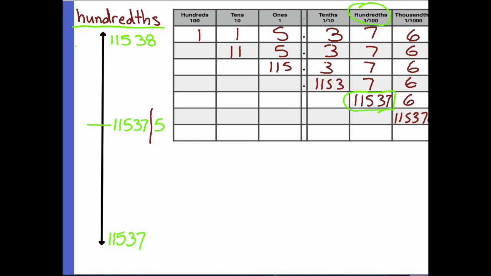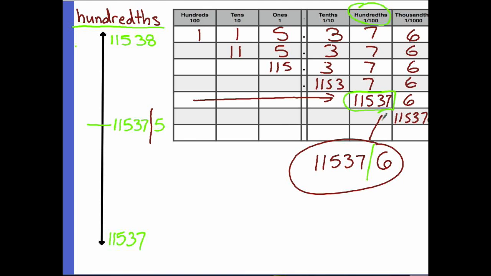So if I were to look at this whole line where my hundredths place ends, I would see that I have 11,537 hundredths and 6 thousandths. Would that go above or below that number? Yes, it would go above just slightly. Why would it go above? Because the 6 in the thousandths is bigger than the 5 in the thousandths.